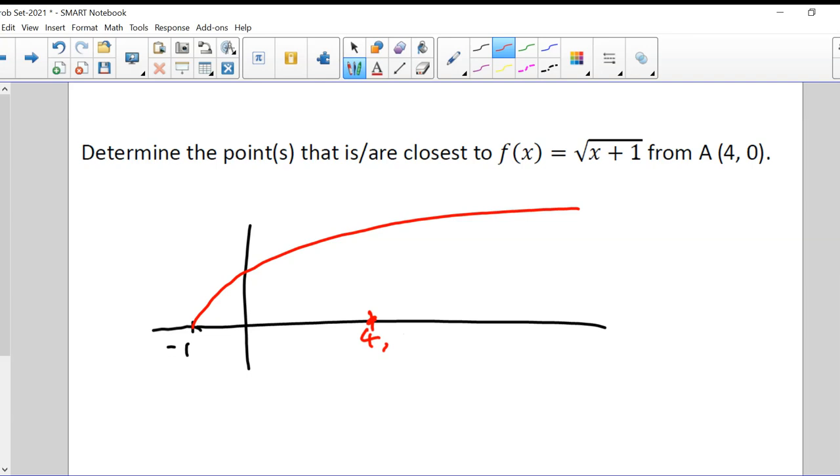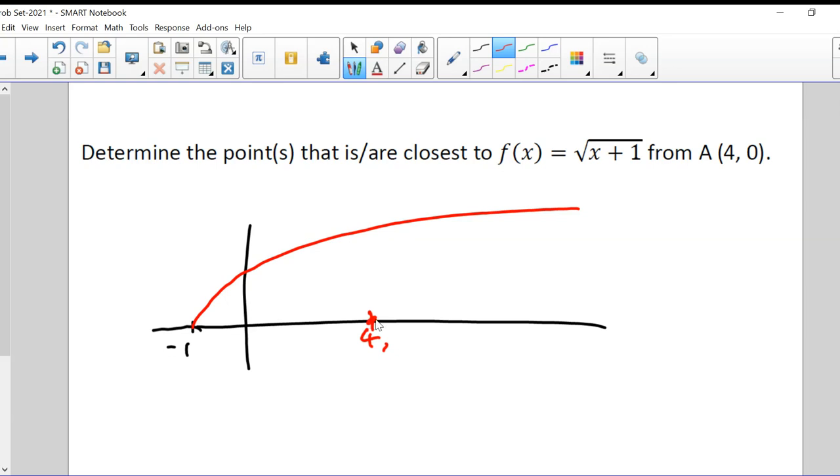So the question we're asking is, what's the closest that you are to this? Now you might think, hey, just put a line straight up to the function. That might be the closest. But maybe it's a point somewhere here, right? It's not going to be all the way over here, but maybe there's another place somewhere along here where this point at (4, 0) is close.